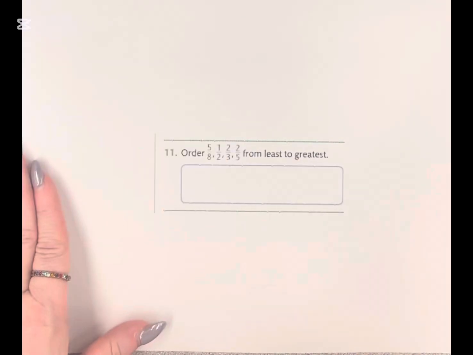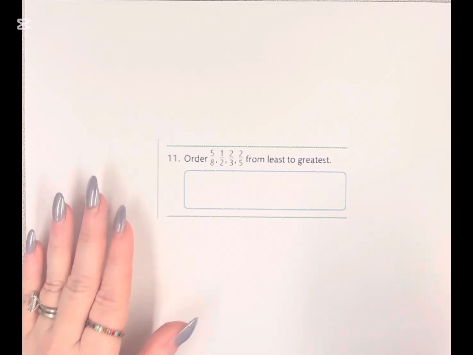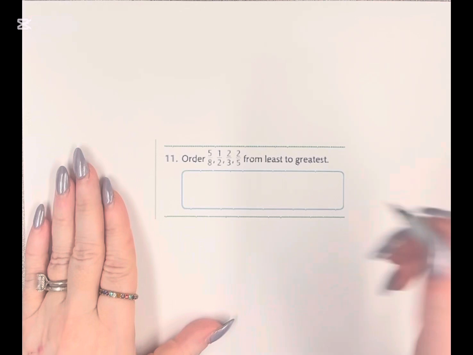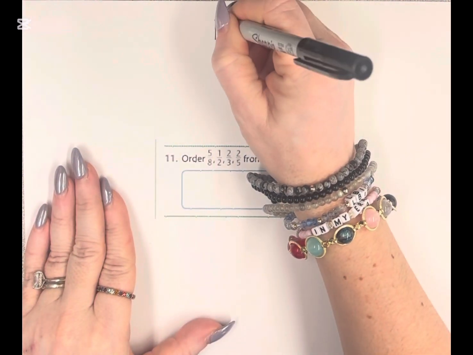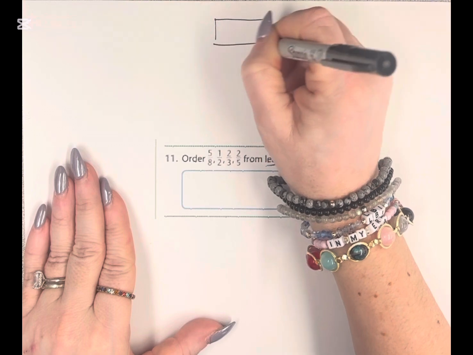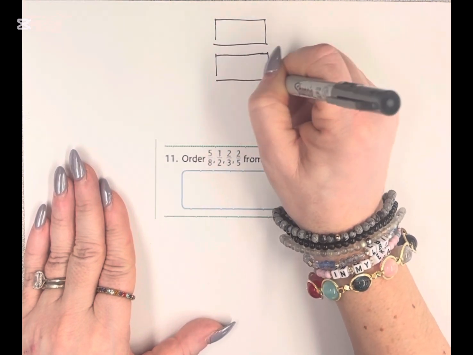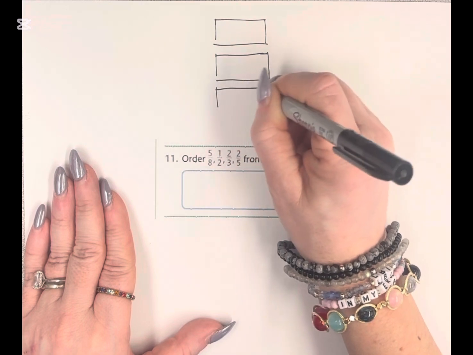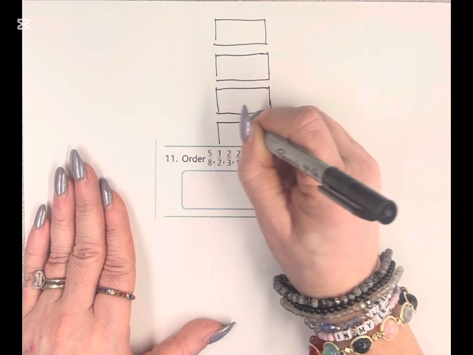All right. Okay, so now we have to order 5/8, 1/2, 2/3, and 2/5 from least to greatest. So easiest way, like I said in the beginning of the video, is rectangles. So try to draw 4 rectangles the same size, the best that you can, and then represent those fractions using a model.